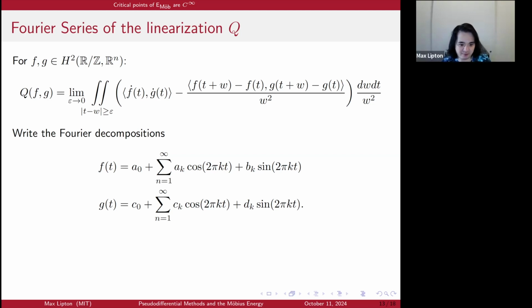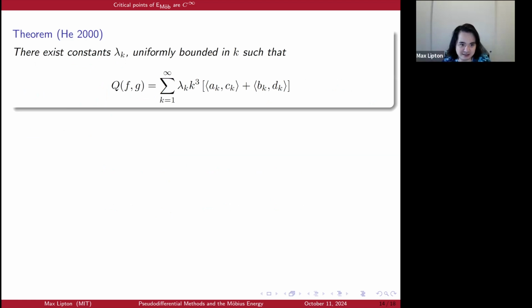And so what we can do is express our quadratic form in terms of these coefficients, and that would be enough information to characterize the quadratic form Q. The theorem that he showed is that in terms of these Fourier coefficients, we have constants that are uniformly bounded in k, such that the quadratic form from the previous slide is expressed as the infinite series of lambda k, where lambda k is just a series of bounded constants times k to the power of 3 multiplied by the sums of the inner products of the a's and b's.